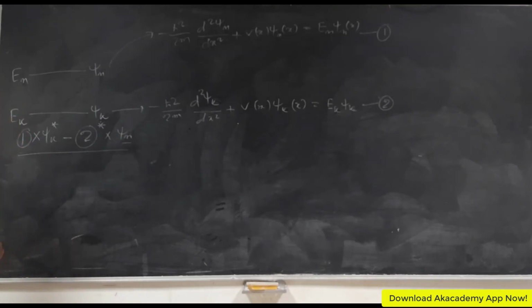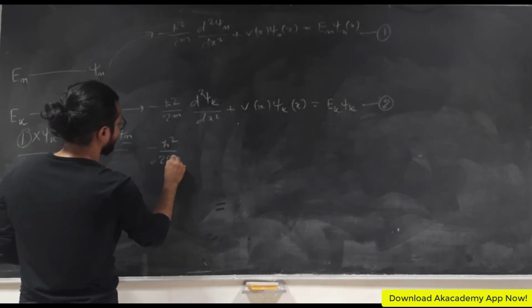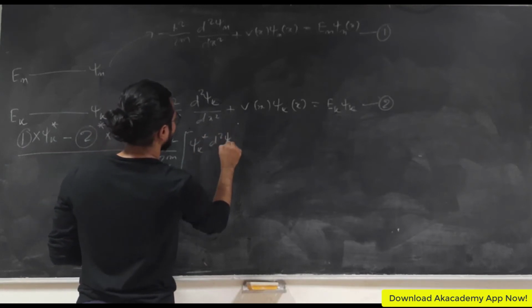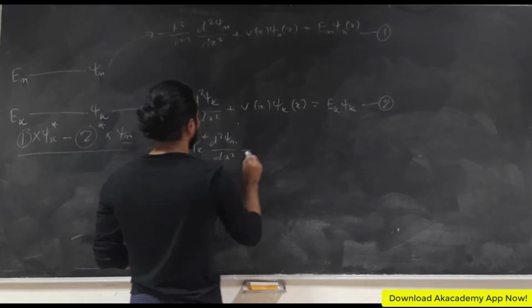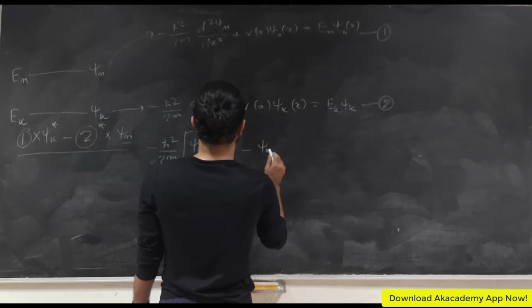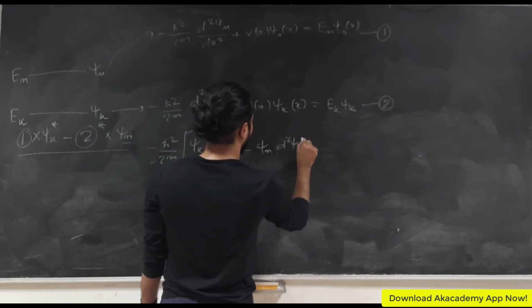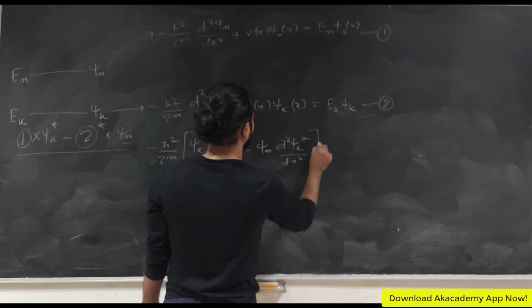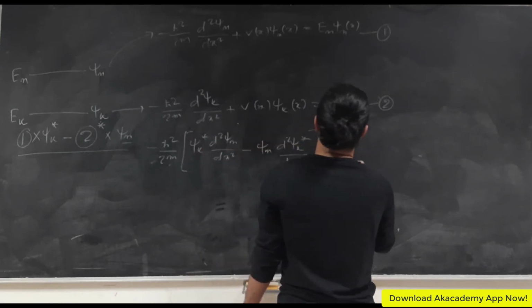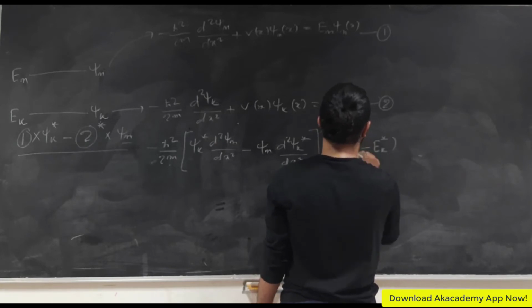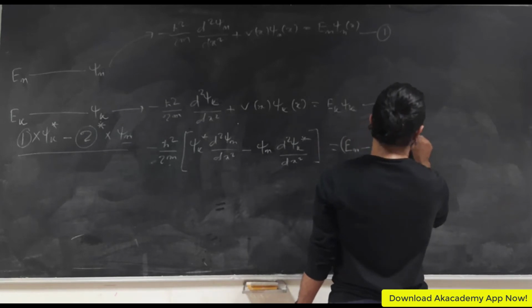If we do this operation, we end up with this result: h bar squared over 2m, psi k star d2 psi n dx2 minus psi n d2 psi k star dx2, equal to en minus e k star, psi k star psi n.